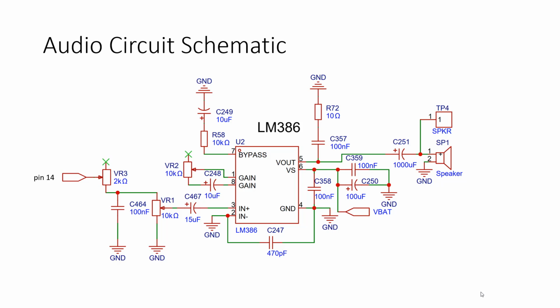Okay, and then we have separate, we have this audio circuit. So we have pin 14 coming out of the ESP32, and that is going into this circuit, which looks a little bit more complex.